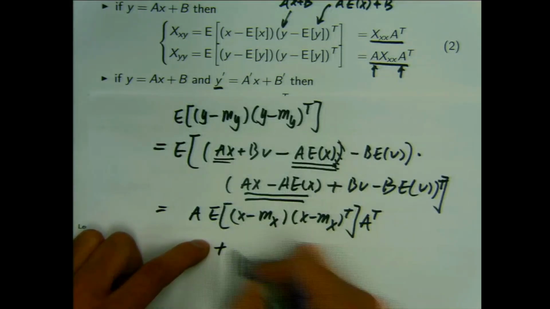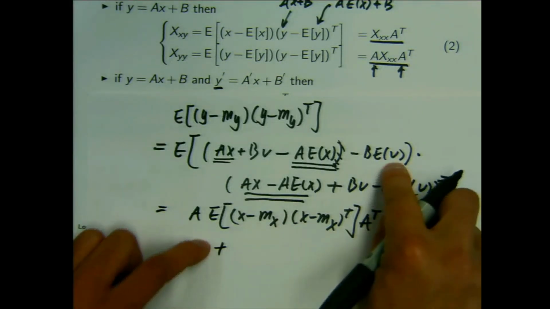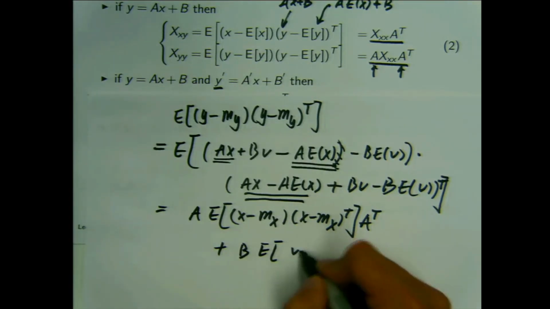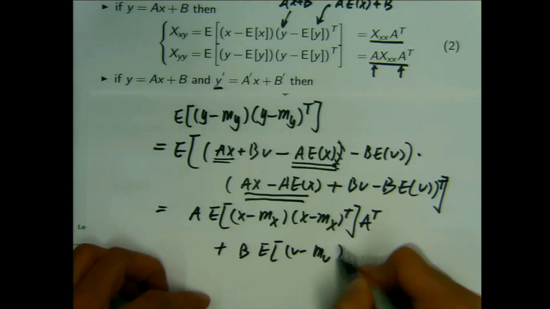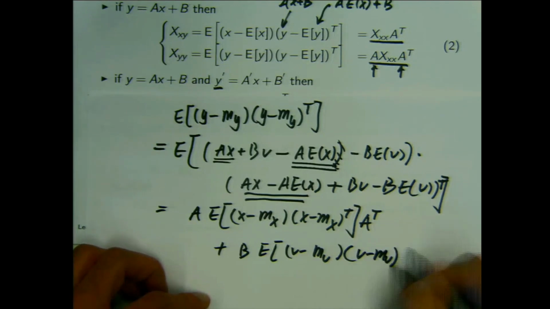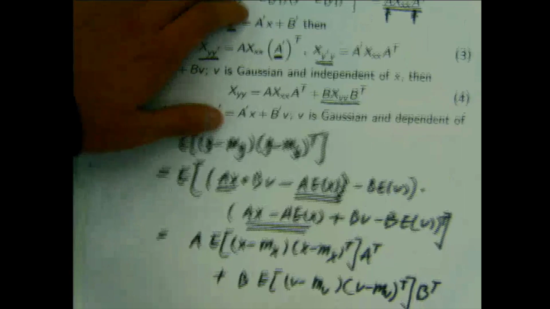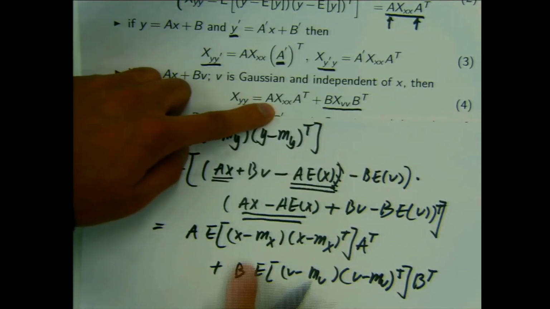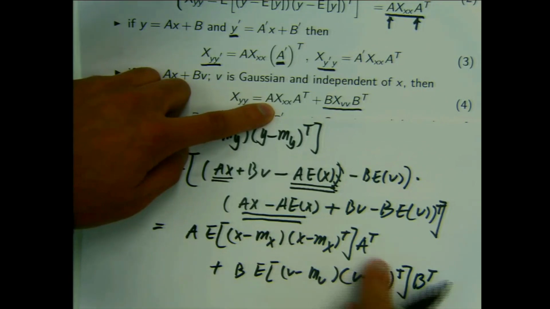Very similarly, for the V term, I'm going to have B times the expected value of (V minus MV)(V minus MV) transpose, times B transpose. This is exactly the result here: A times the covariance of X times A transpose, plus B times the covariance of V times B transpose.